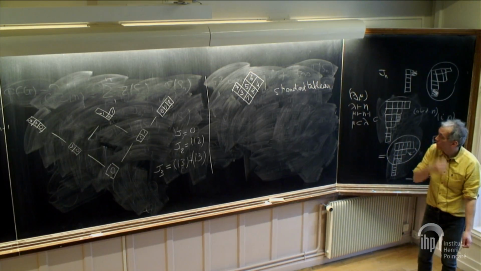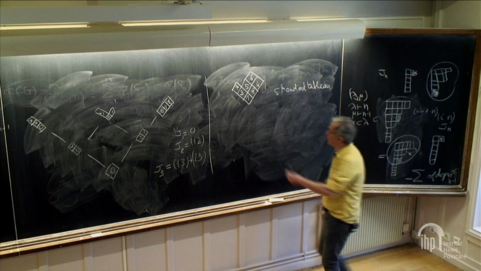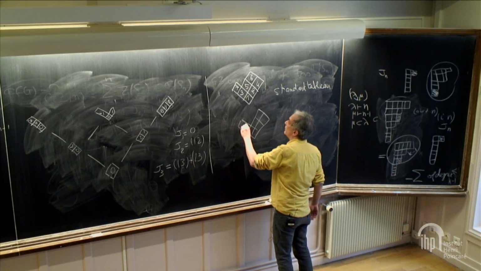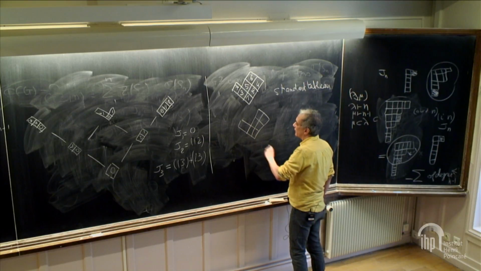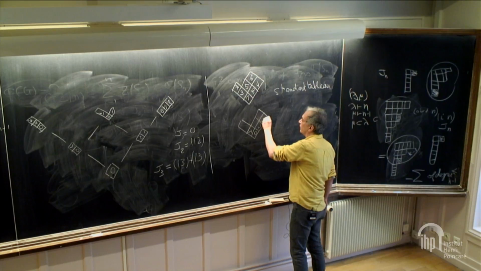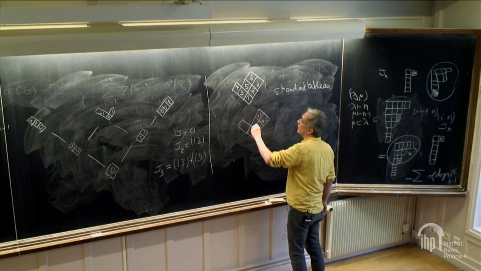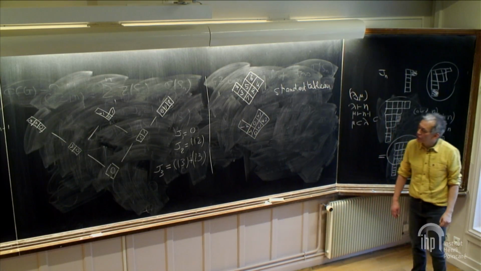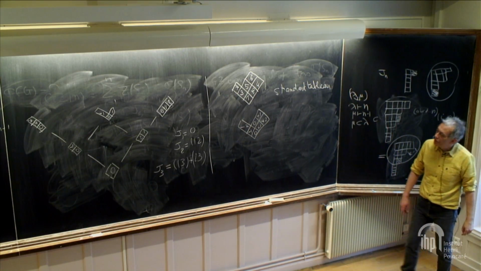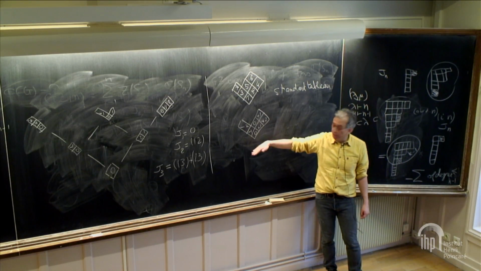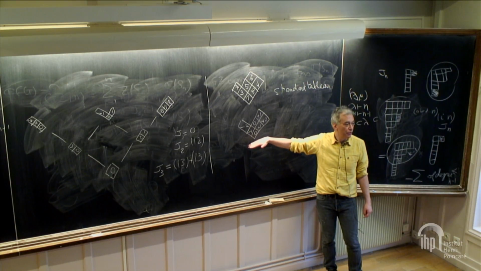Now, if I have a standard tableau, what I look at is the following. I put numbers here, which are called the content of the box. In each box, I put an integer which corresponds to the projection on the x-axis of the box. What is the coordinate when I project on the x-axis?